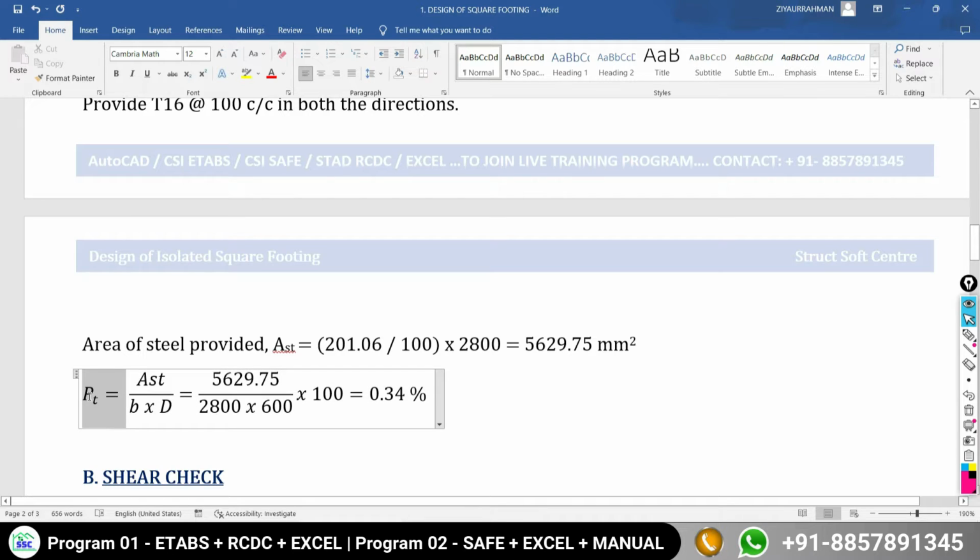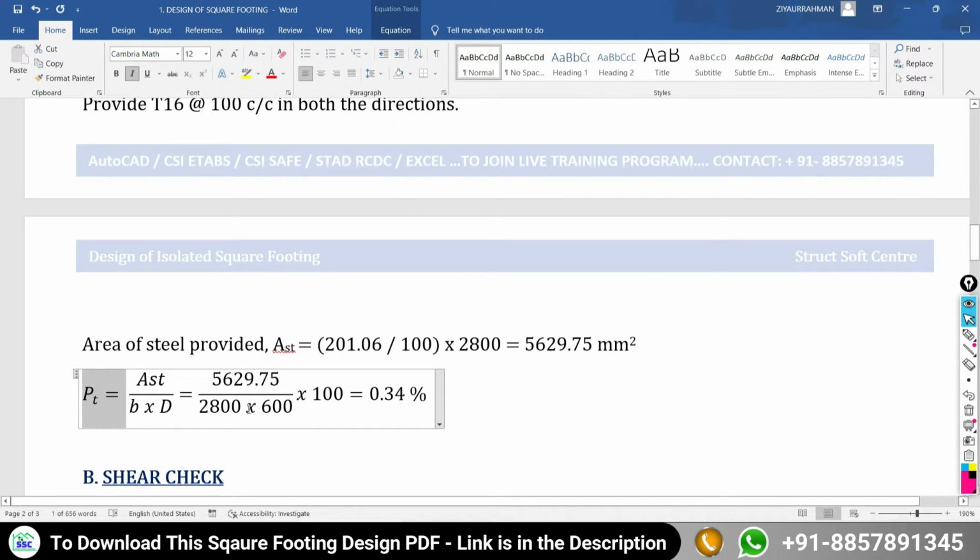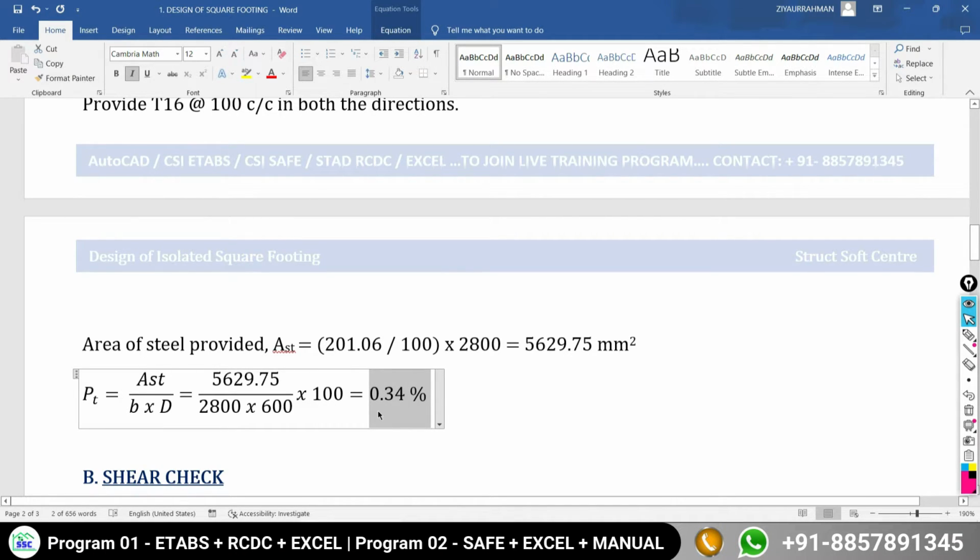So the percentage of reinforcement present there is 5629.75 divided by 2800 multiplied by 600, the overall depth, multiplied by 100 to convert into percentage. So the total percentage of reinforcement provided is 0.34 in each direction. Along the length of the footing, 0.34% is there.